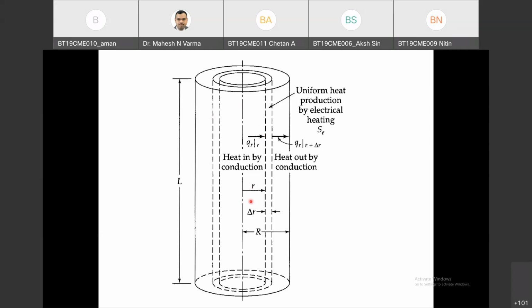This will be my differential shell. It will have dimensions of delta r, r varies from r to r plus delta r, theta is 0 to 360, z is 0 to L, and this will be Qr at r, which is coming in, Qr at r plus delta r going out. This is by conduction only.